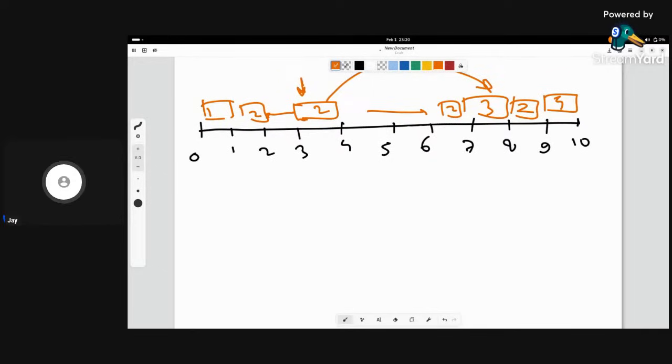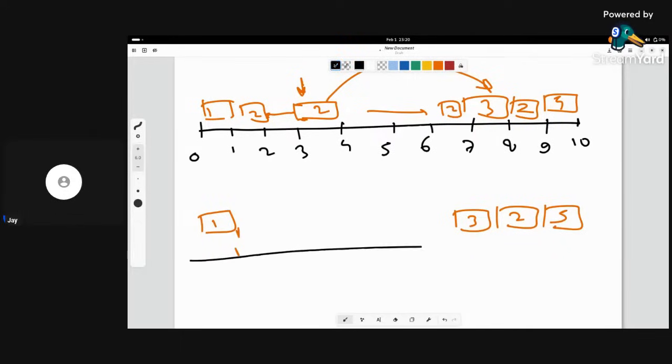So in this case, your answer would be, you have your 1 over here, it ends at 1, and this is your 3. You could fit your 2 over here, and you could fit 5 over here, and our line would look like this: this is 10, 3 starts at 7, and this is the free time you have in between.